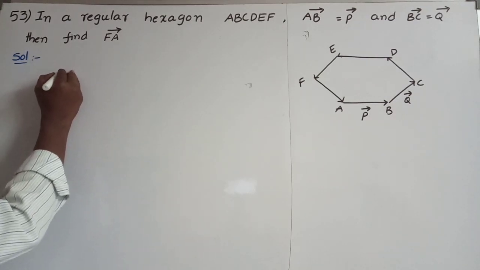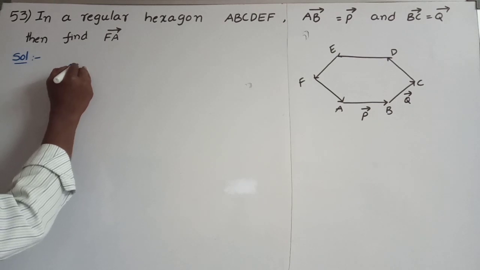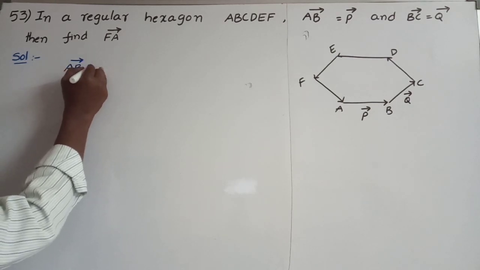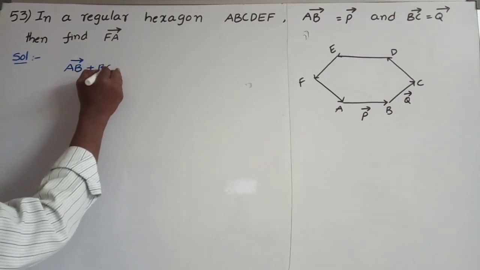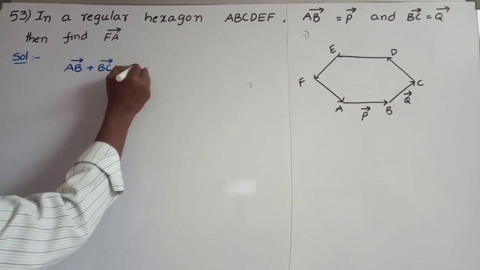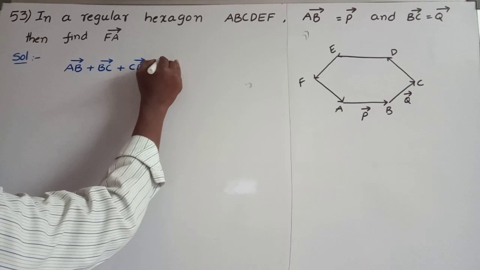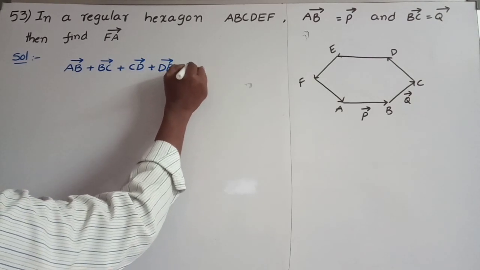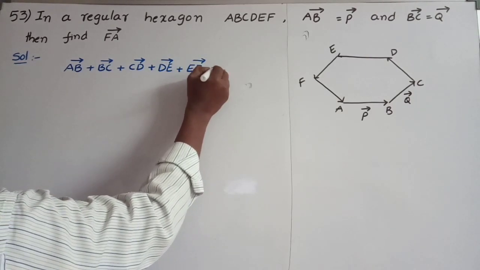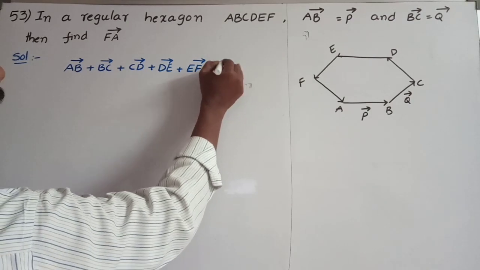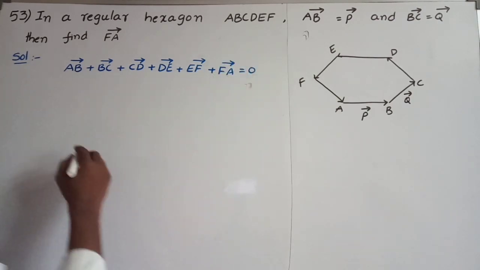From the given diagram, we can write AB bar plus BC bar plus CD bar plus DE bar plus EF bar plus FA bar is equal to 0.